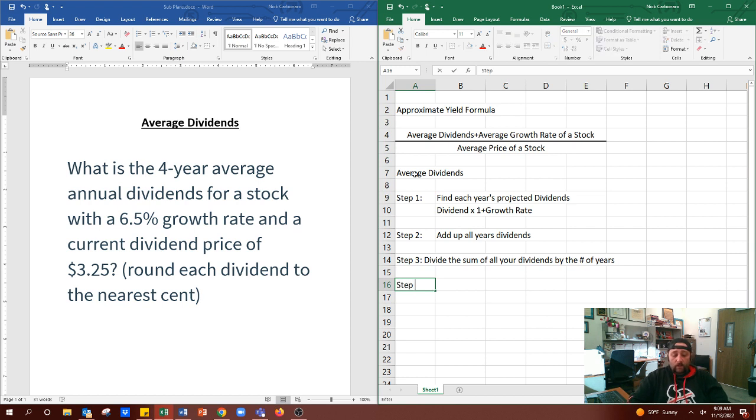So we go to step 1. Find each year's projected dividends. How do we do that? We calculate dividend times 1 plus the growth rate. Under step 1, we will say year 1.